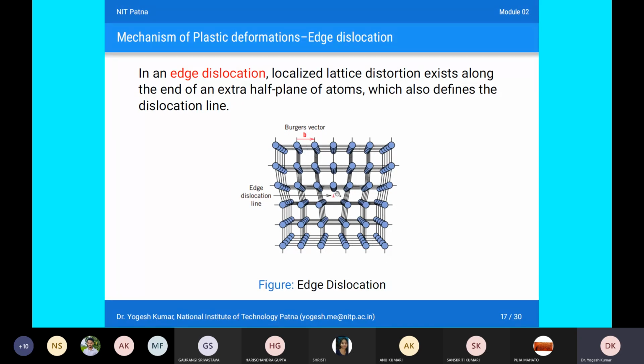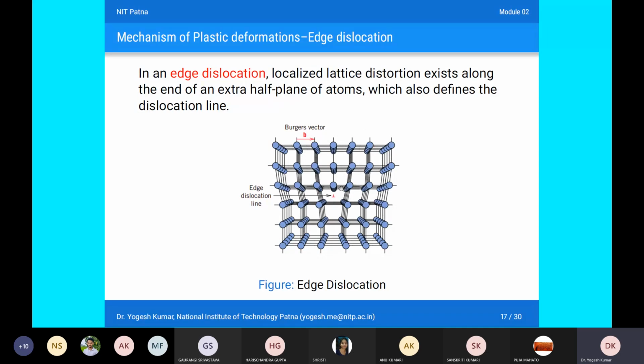Okay, so here you can see in this region, this is your half plane of atoms, and when you are applying shear stress, this half plane is moving from one end to another end.